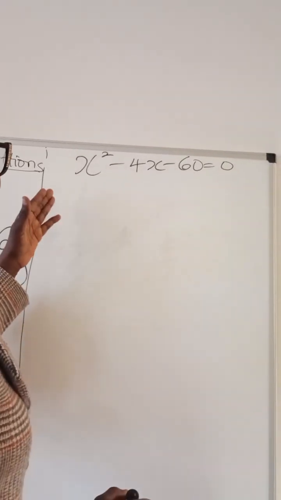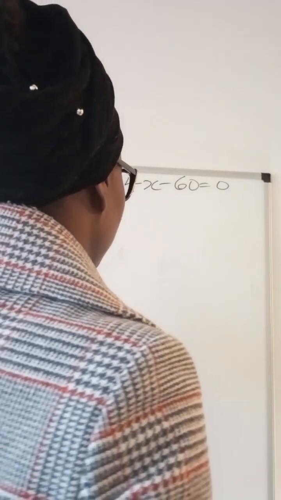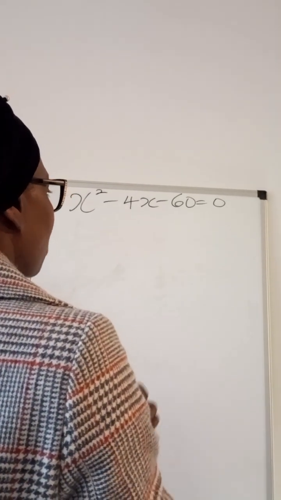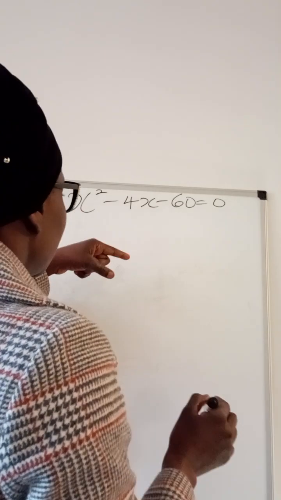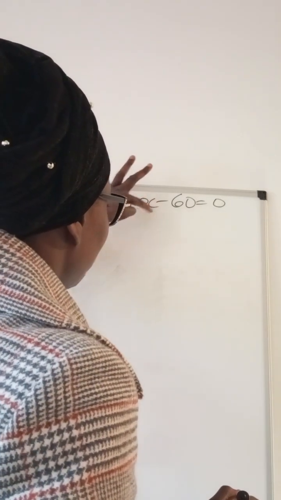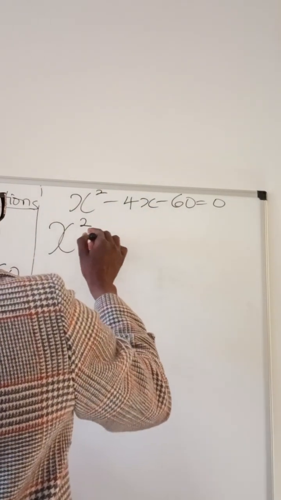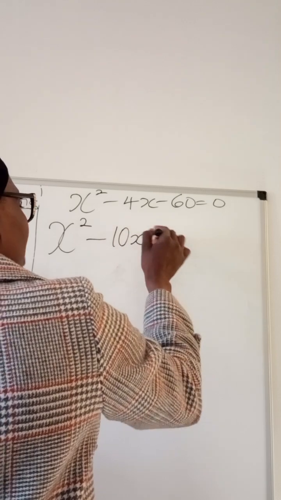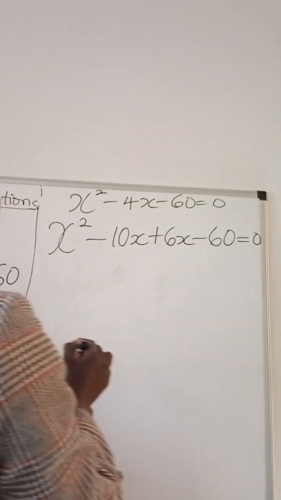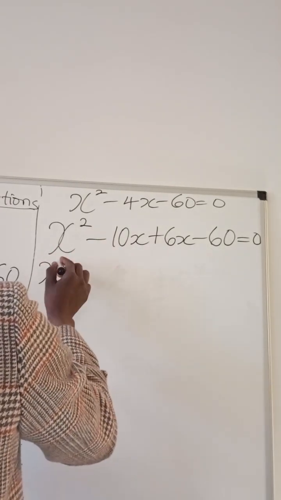Solving this quadratic equation through the factorization method, since the factors are minus 10 plus 6, we're going to substitute minus 10x plus 6x in this place where we have minus 4x. So it will be x squared minus 10x plus 6x minus 60 equals 0. So factorizing now, the letter that is common to these two is x.